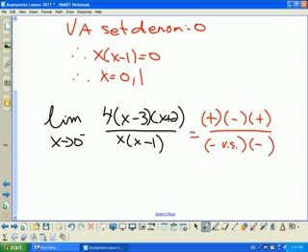Why is it positive? How many negative signs do you have? 3. 3 negatives make a negative, okay? When you're multiplying and dividing. And guess what? It's going to be infinity, right? Okay? You've gathered that. The answer is always going to be positive or negative infinity.